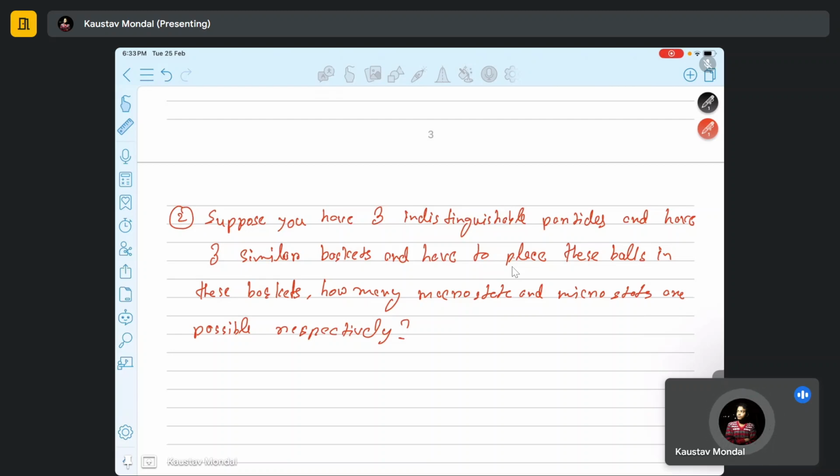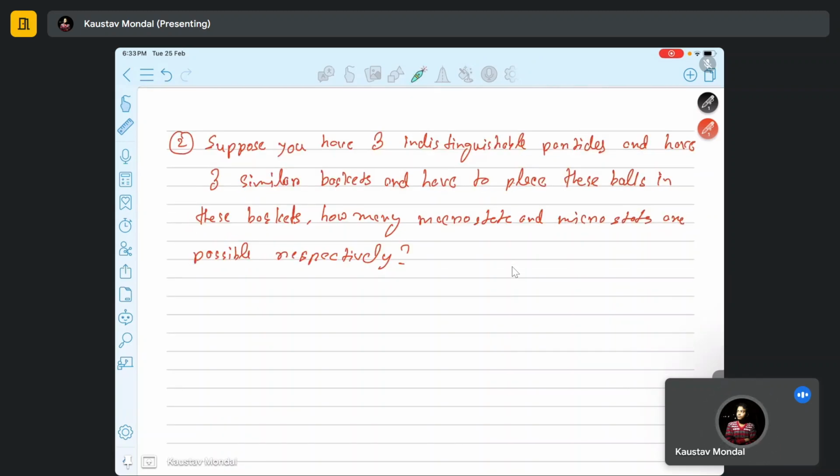Three indistinguishable particles are given, so that means the particles are identical with each other. You cannot distinguish by their looks which is which particle. You have three similar baskets, and you are placing these balls in these baskets.